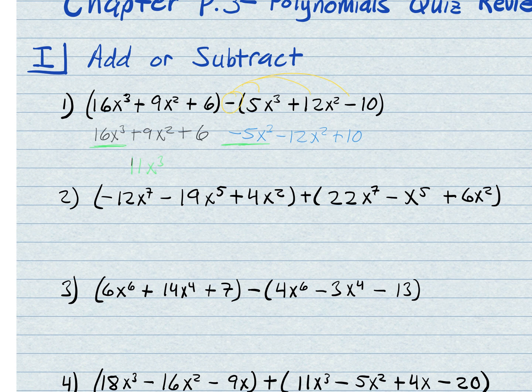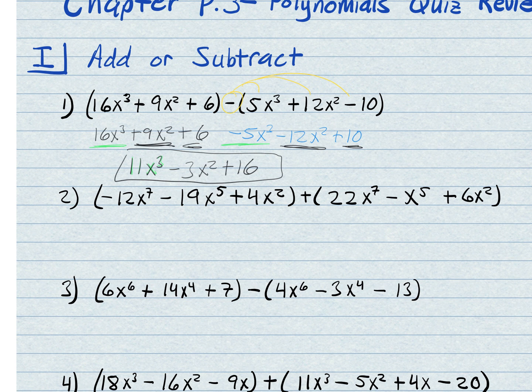Then 9x squared minus 12x squared are more like terms, so we just combine the coefficients. 9 minus 12 is going to get you minus 3x squared. And then you combine the whole number with the whole number, so 6 plus 10 is going to get you plus 16. This should be your final answer.